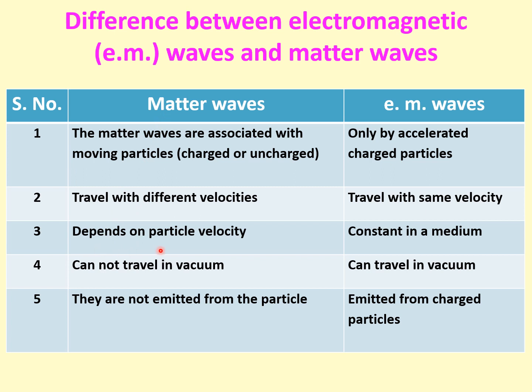Matter waves depend on the particle velocity, whereas for electromagnetic waves it is constant in a medium. Matter waves cannot travel in vacuum, whereas electromagnetic waves can travel in vacuum. And matter waves are not emitted from the particle, whereas electromagnetic waves are emitted from charged particles.